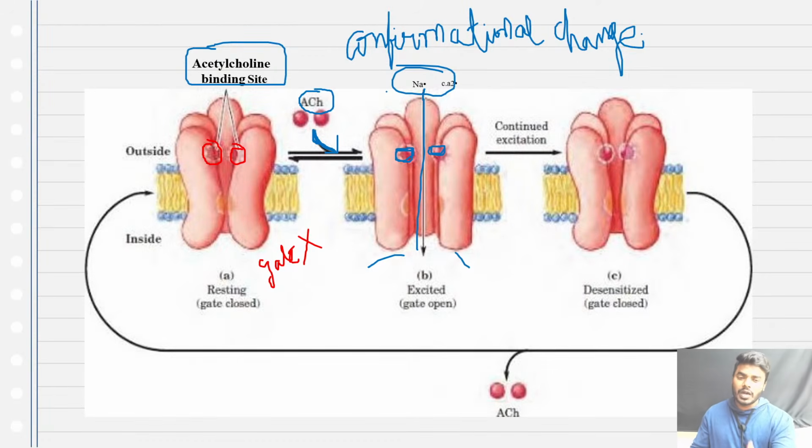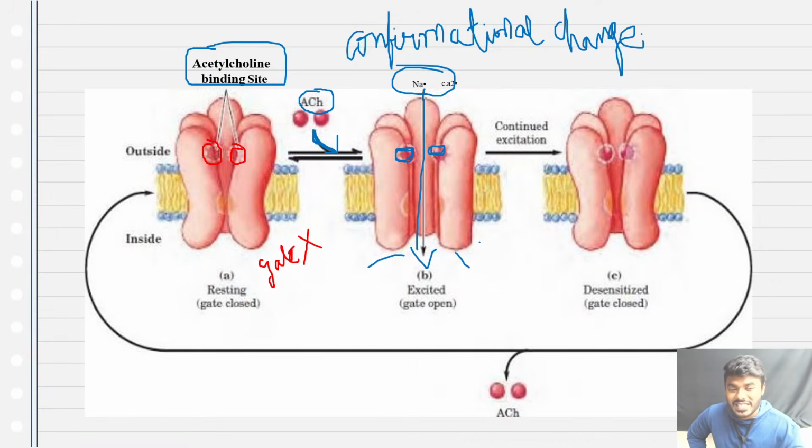And we all know very well the ion flow should not be continuous, because every single ion has to maintain homeostasis. What do you mean by that? Every single ion has to maintain its ionic concentration in the cell. So once an abundant amount of the ions enter inside, we have to close it, right?